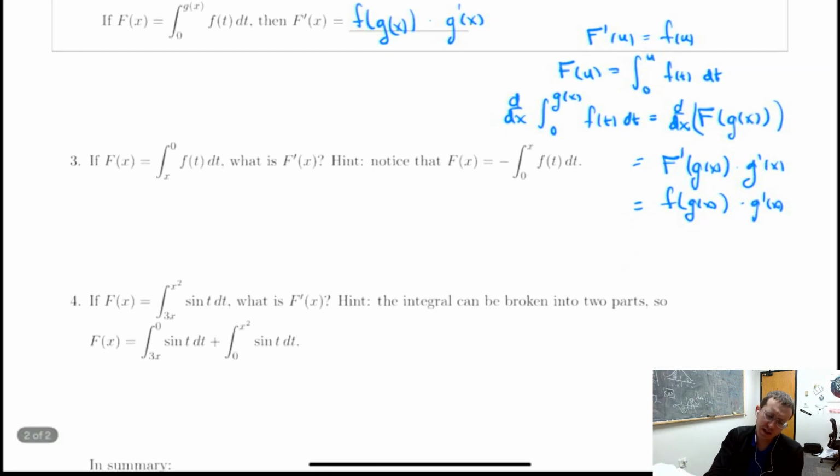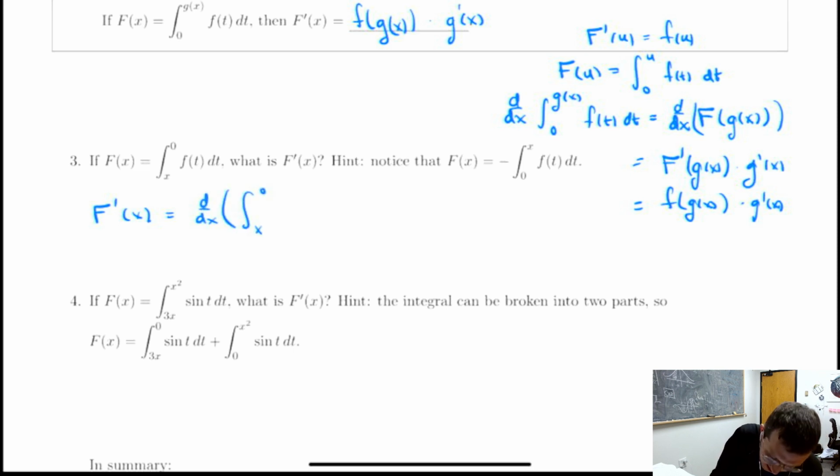Question 3 asks us to think about what happens when the variable is in the lower bound instead of the upper bound. We're differentiating the integral from x to 0 of f of t dt. We've seen this idea a couple times today already.